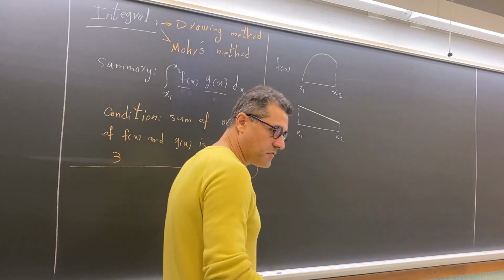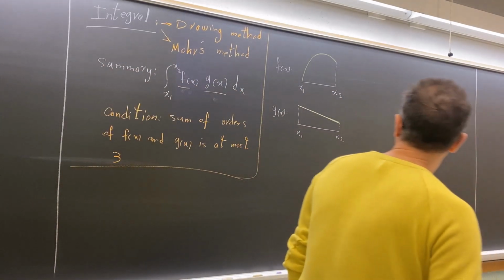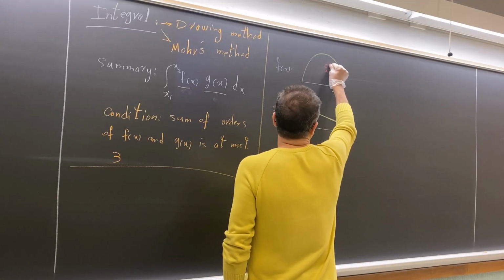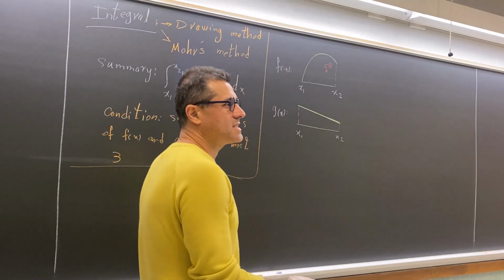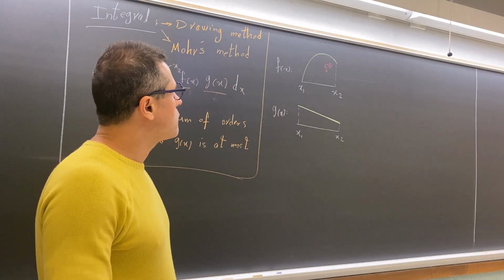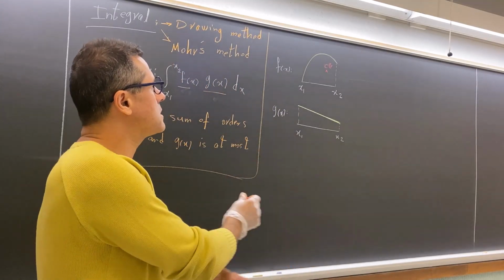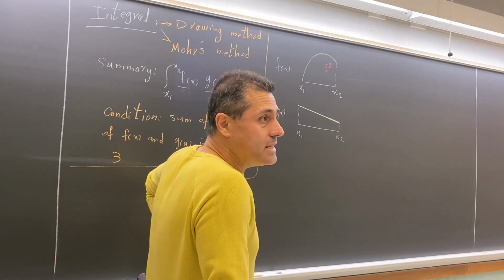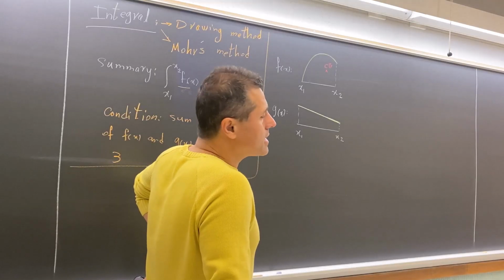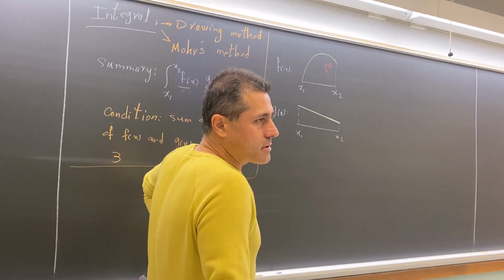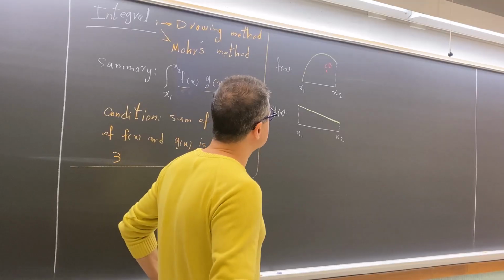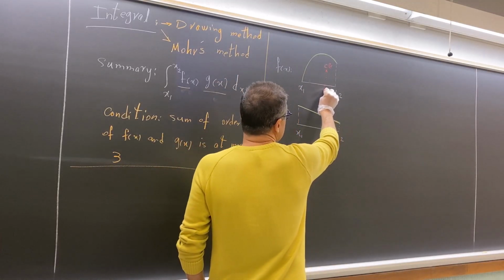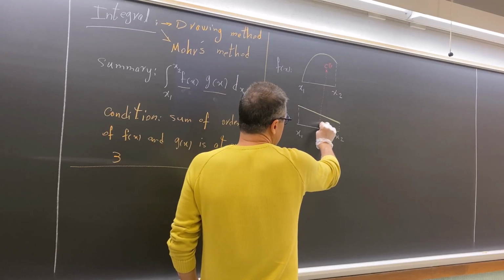The first step is finding the centroid of the top function. From statics, you know how to find the centroid for a parabola, a triangle, a rectangle, etc. For triangle and rectangle, it's easy. For a parabola, there is a formula, but we don't need it. Later you will see. So you find the centroid, and then you just draw a vertical line, just come down.